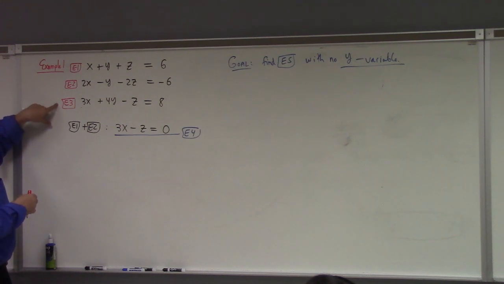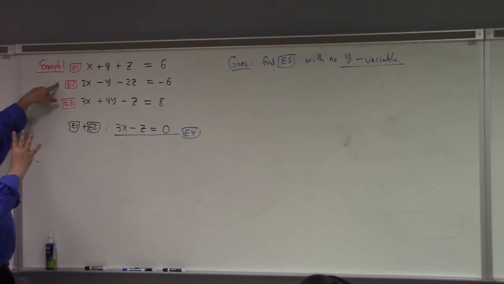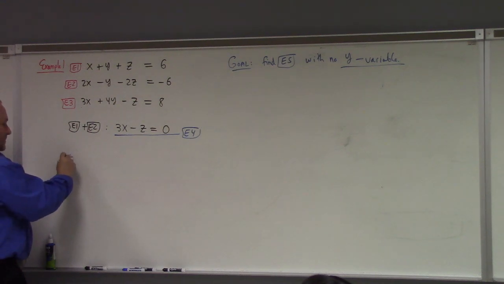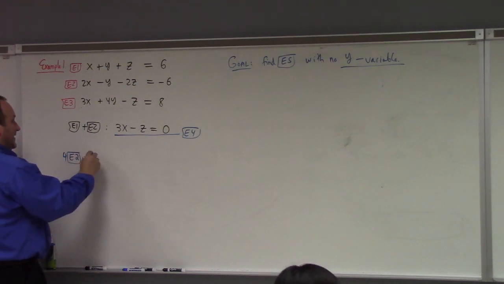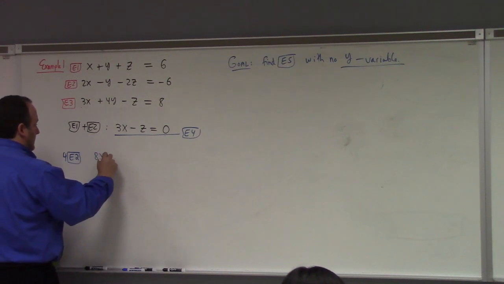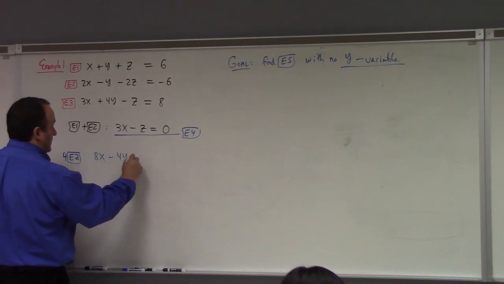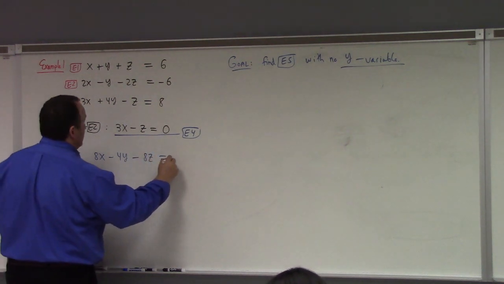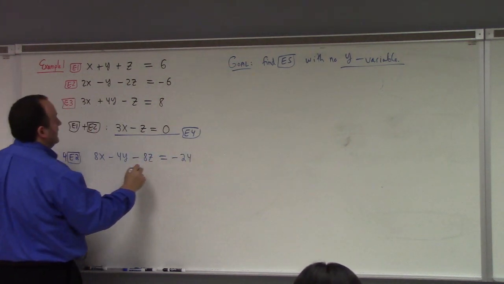How can we make y go away from equation 3? How about this? What I should have done is I should have multiplied equation 2 by 4. So if I do 4 times equation 2, I get 8x minus 4y minus 8z equals minus 24.